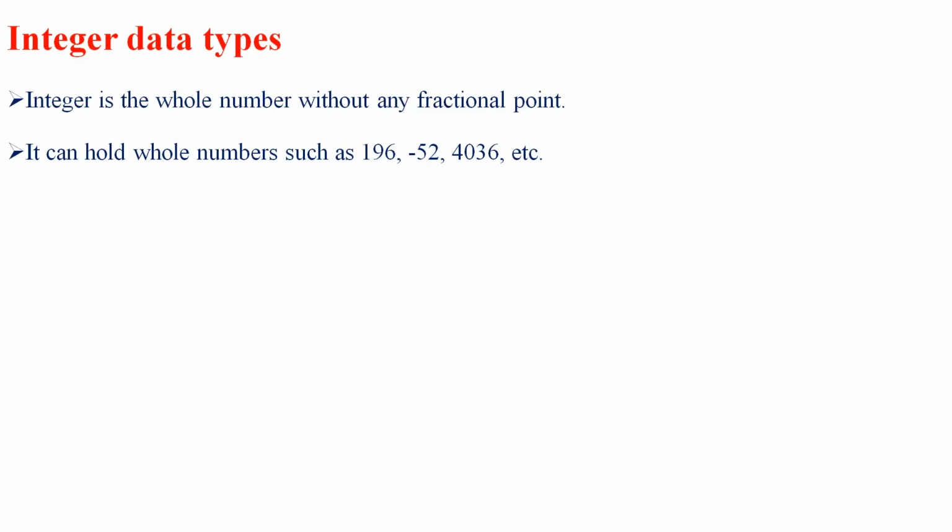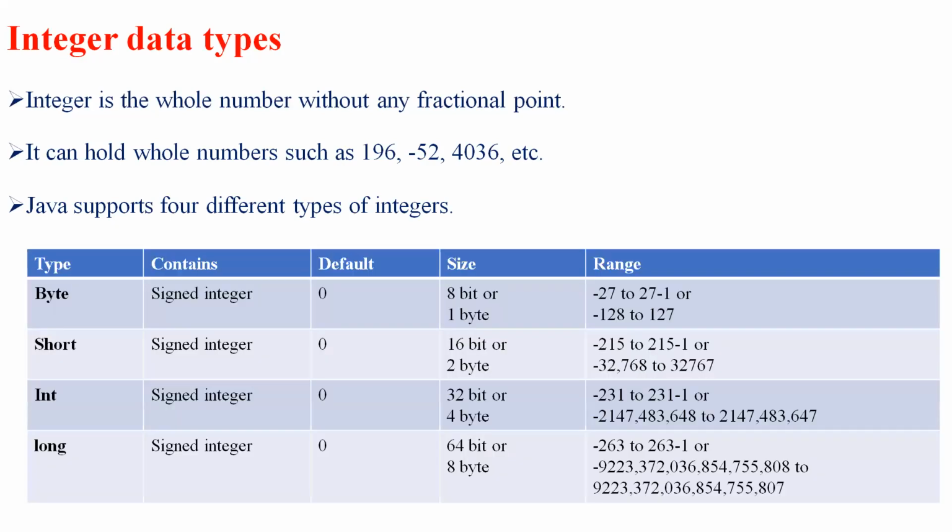These are the different types of values that can be stored in integer data types. The integer data type supports 4 different primitive data types: byte, short, int, and long.